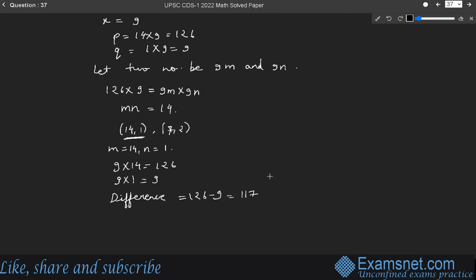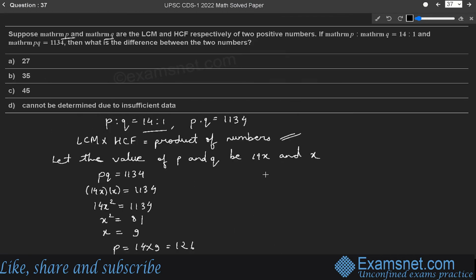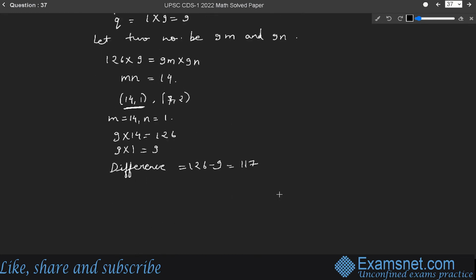But we won't take this as it is not available in the options. You can see that in the options there is nowhere 117. So we will look for the second option, which is 7 and 2. When m is 7 and n is 2, then in this case the numbers will be 9 into 7, which is equal to 63, and 9 into 2, which is equal to 18.